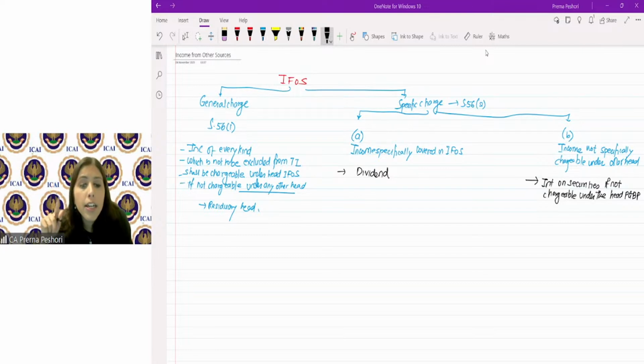Similarly, if you remember, interest on margin money deposited with the bank to obtain the bank guarantee. Will it be PGBP or income from other sources? Interest on margin money to obtain the bank guarantee.